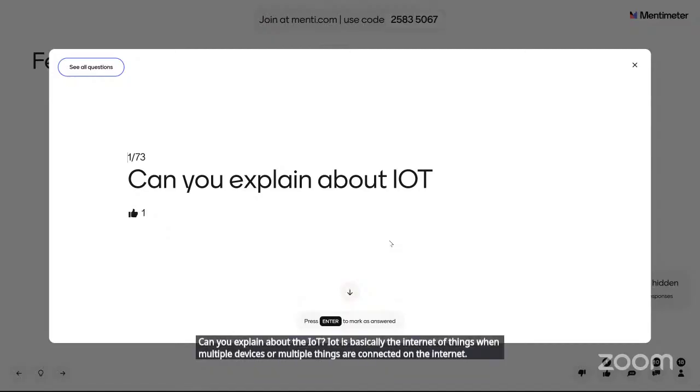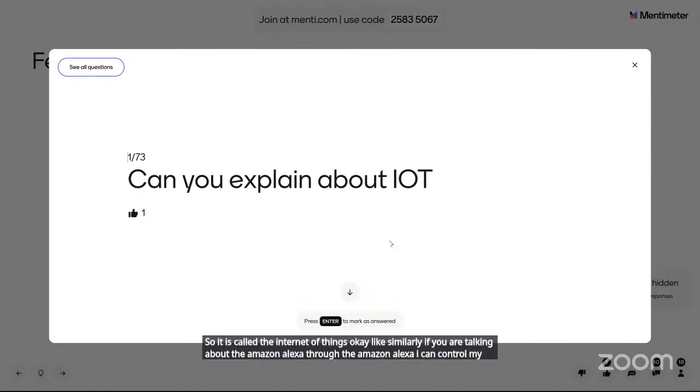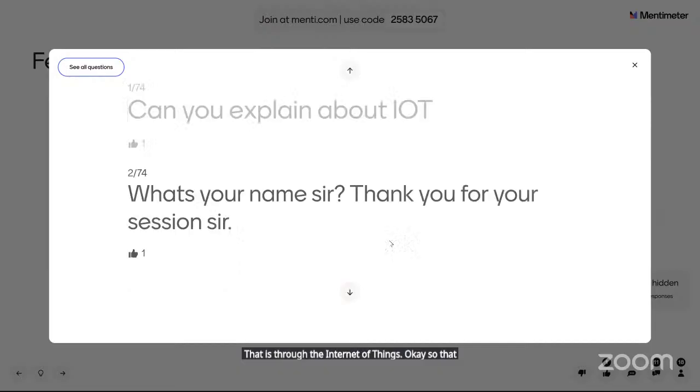Similarly, with Amazon Alexa, I can control my smart bulb intensity and color, because these two things are connected through the internet. Likewise, my mobile phone is connected with the internet, and my TV is also connected with the internet, so I can control my TV through the mobile phone. That is the Internet of Things.